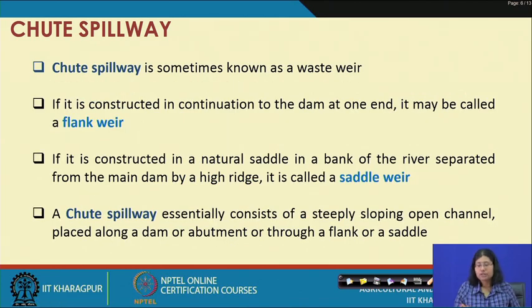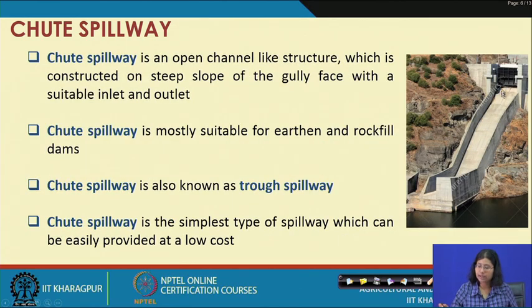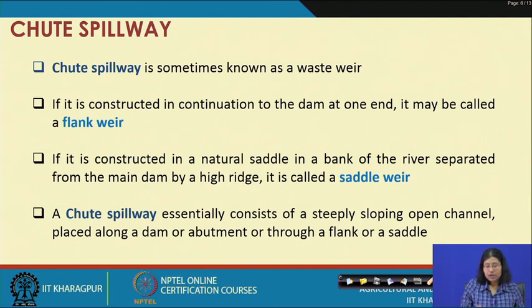So, Chute spillway is also known as the waste weir, and it is constructed in continuation to the dam at one end, and it may be called a flank weir. So, if there is a dam here, it can be constructed at the end of the dam. Here it is called the flank weir, and it is also constructed in a natural saddle at the bank of a river separated from the main dam by a high ridge.